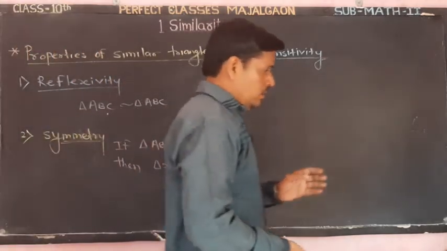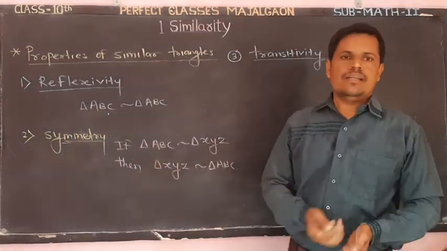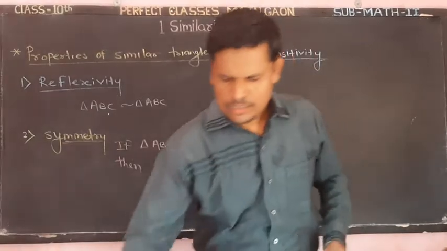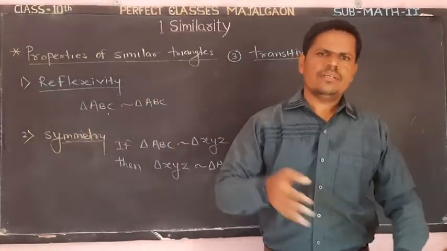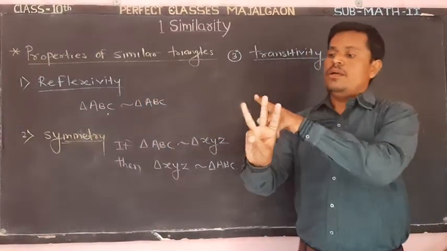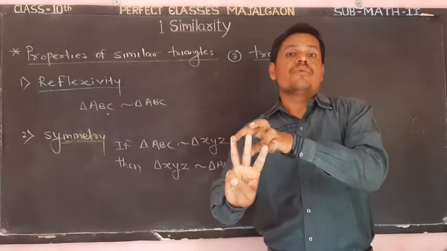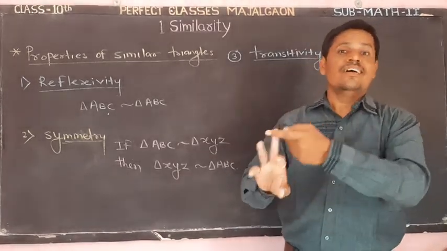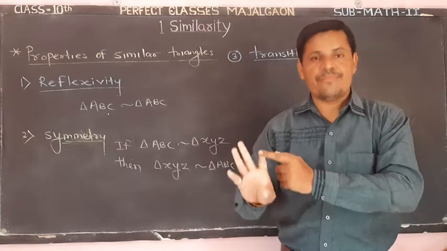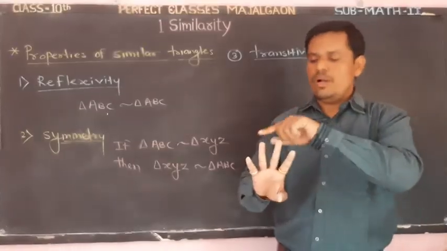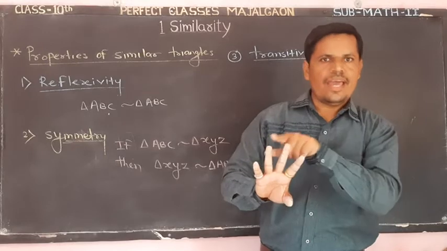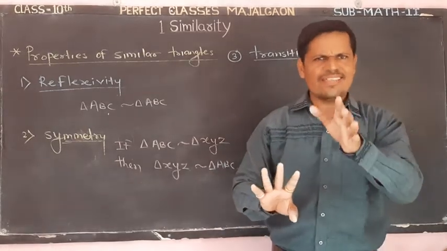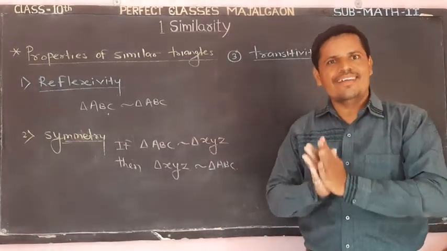Here we took two brothers in symmetry. Now we take three brothers. Which are the three brothers? Let us see. Ramesh is the brother of Ganesh. Ganesh is the brother of Suresh. Then who will tell me what is the relation between Ramesh and Suresh? Yes, these two are also brothers.